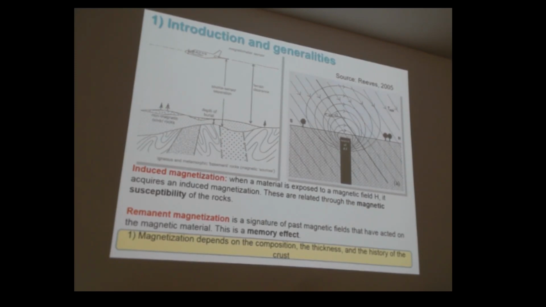If you have tectonics, then you will have fluctuations, so it will give you a new contrast. And the thickness also, because what you see is kind of bulk magnetization signal, magnetic signal. So you don't really know exactly the volume, so you don't know exactly the composition, but at least you have the signal. So the game after that is just to do an inverse problem to try to separate between these primary parameters.